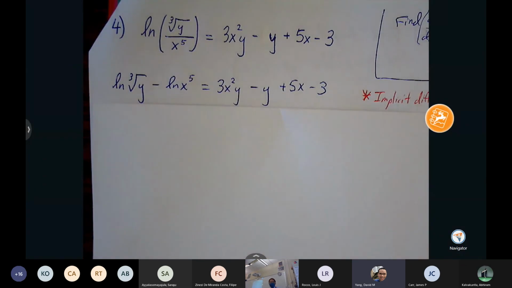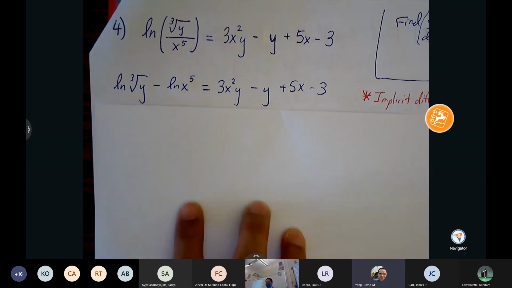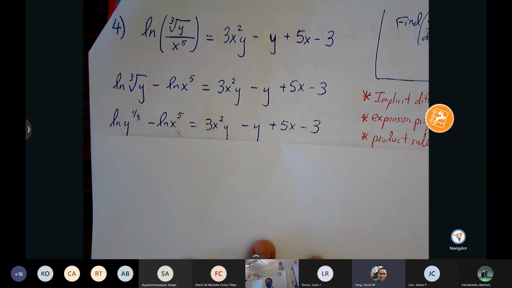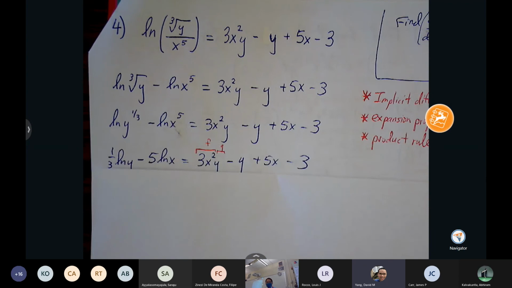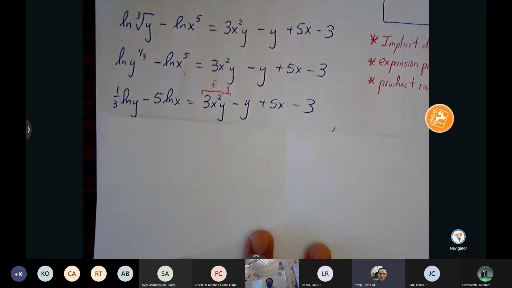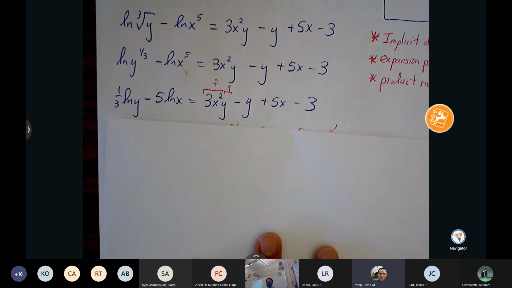I separated my natural log terms, but I can do a little bit more within each term. I can bring those exponents down, convert radicals to rationals. So I'm just working with my left side here, trying to get it all spaced out. I should be able to get all the way down to this point before I think about the derivative.